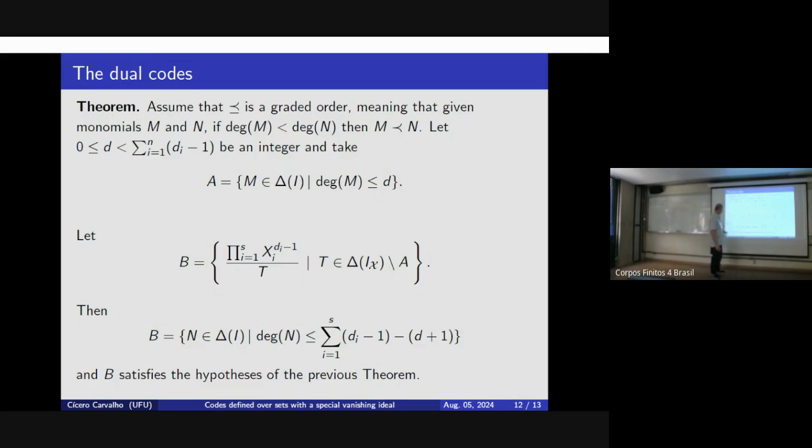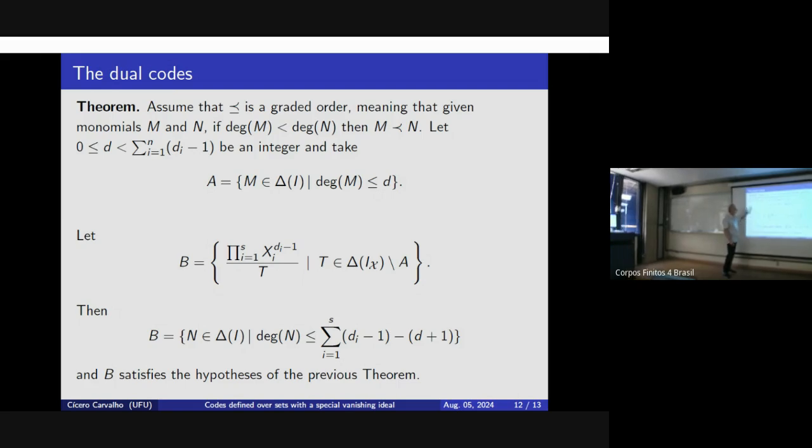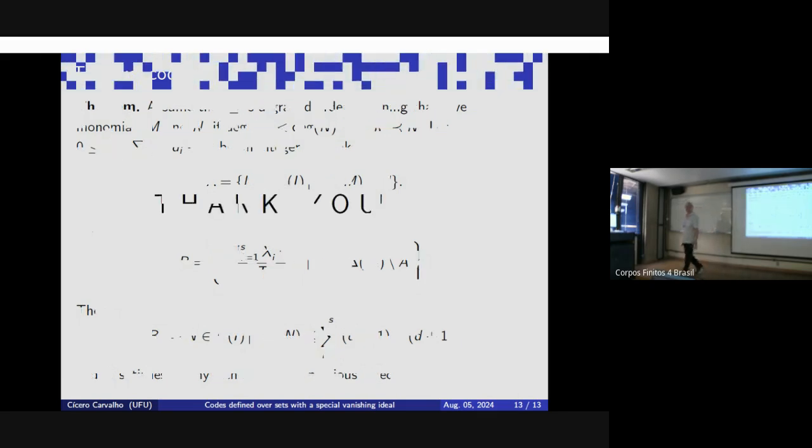And then we can prove that B satisfies the hypothesis of the theorem about the cardinality and about that property of when you take two monomials, multiply, you take the class. Okay, so this happens. So this is, let's say, a class of examples where those conditions hold. The paper has more results, but I don't have time, so I thank you very much for your patience.